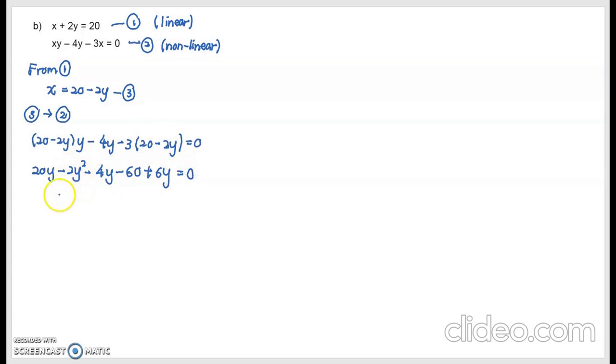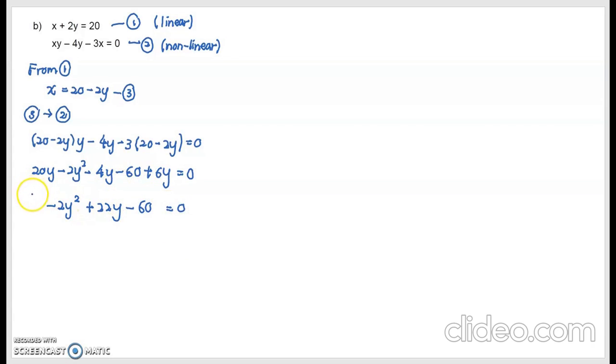Then we try to simplify. Negative 2y squared, 20y minus 4y is 16y, plus 6y will be 22y. Then negative 60 equals to 0.